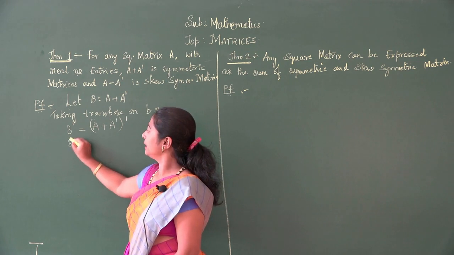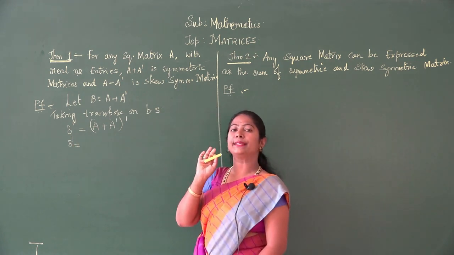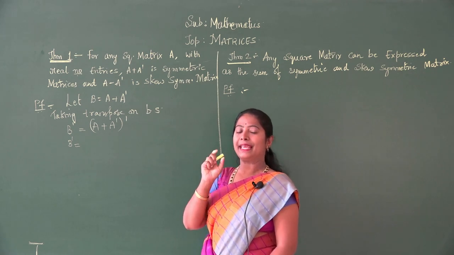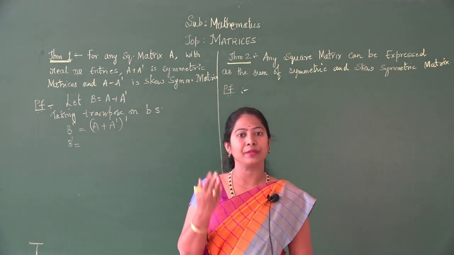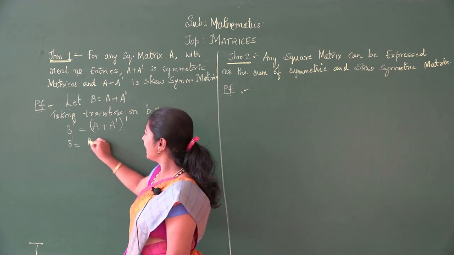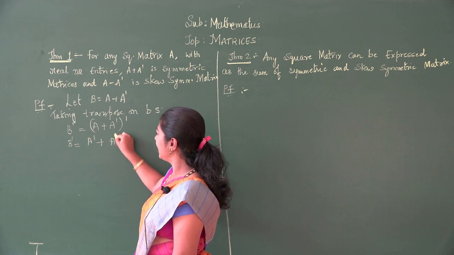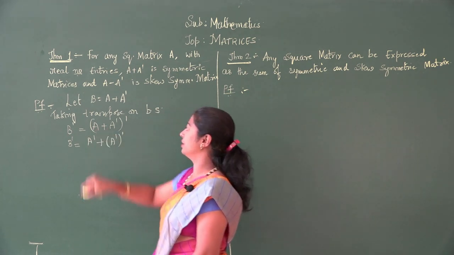According to the properties of transpose of a matrix, A plus B the whole dash can be written as A dash plus B dash. Similarly, we can write this as A dash plus A dash the whole transpose, that is, transposing each term.